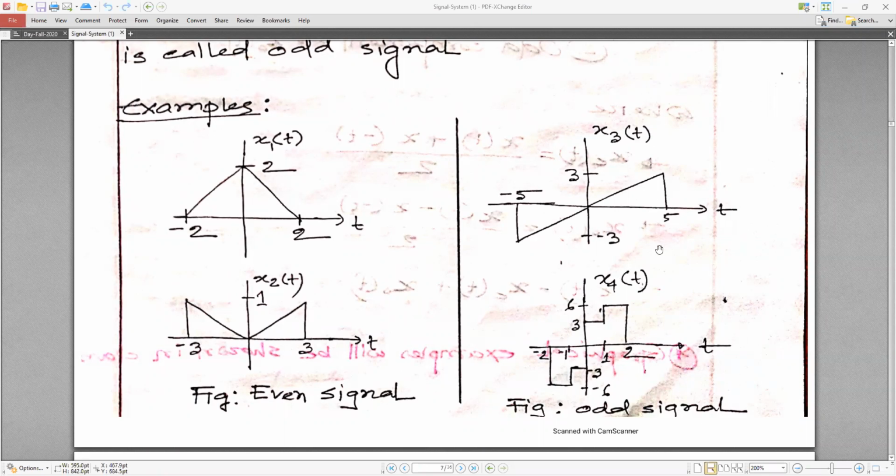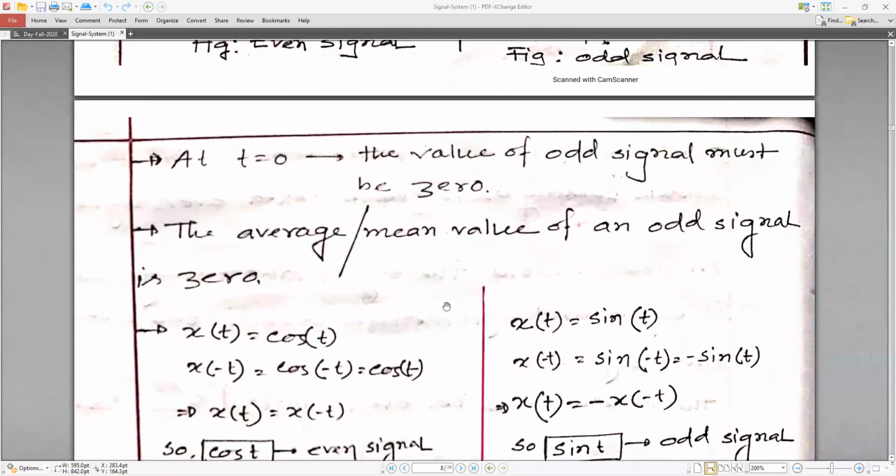That's why these are odd signals. At t equal to 0, the value of an odd signal must be 0. The average or mean value of an odd signal is 0.